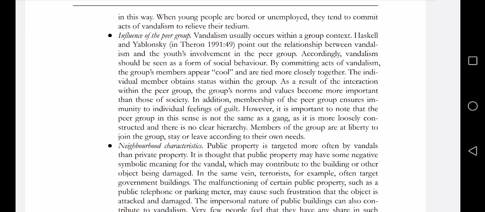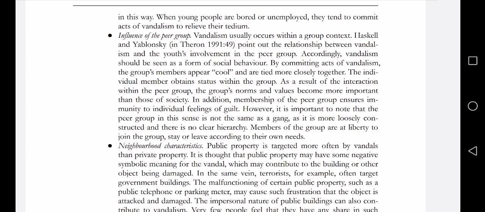Accordingly, vandalism should be seen as a form of social behavior. By committing acts of vandalism, the group's members appear cool and are tied more closely together.